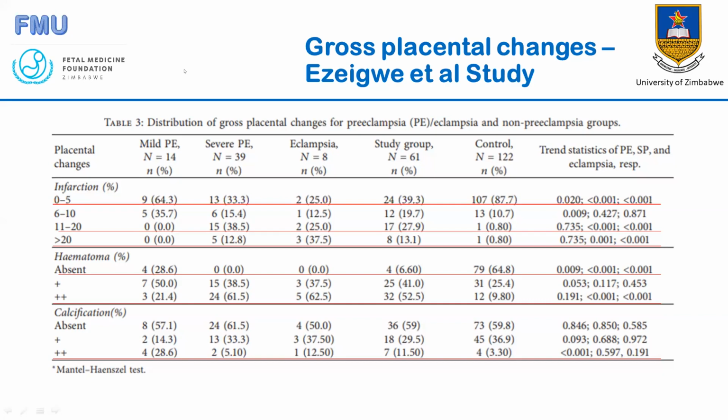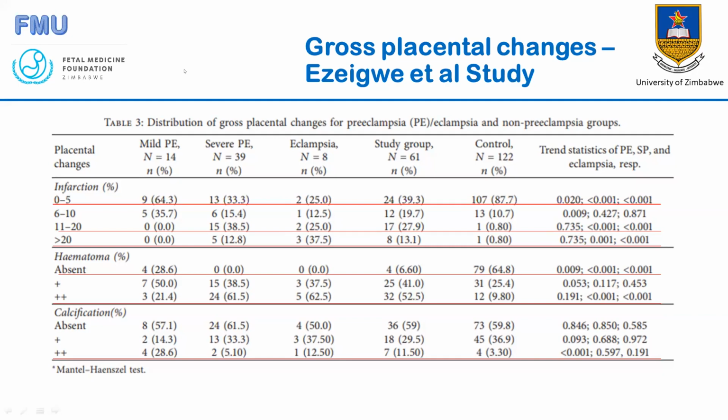Then when they looked at hematoma, if the hematoma was absent in the 3 groups, the statistical significance was there for all three with respective values of 0.009, less than 0.001, and less than 0.001 for the severe and eclamptic groups.